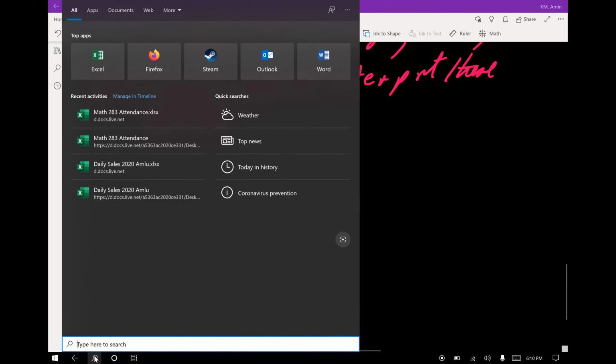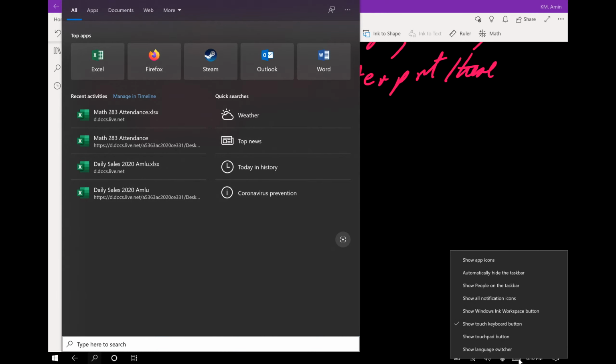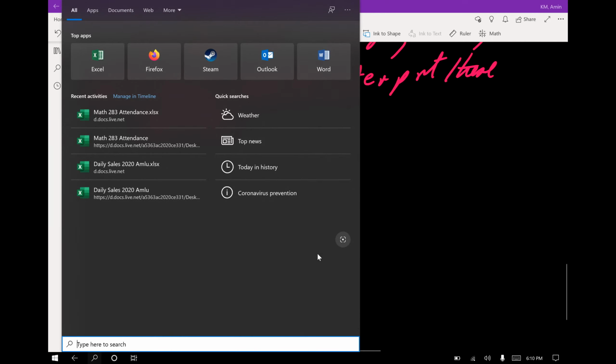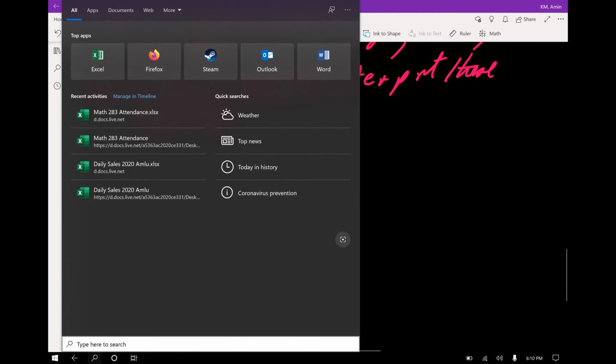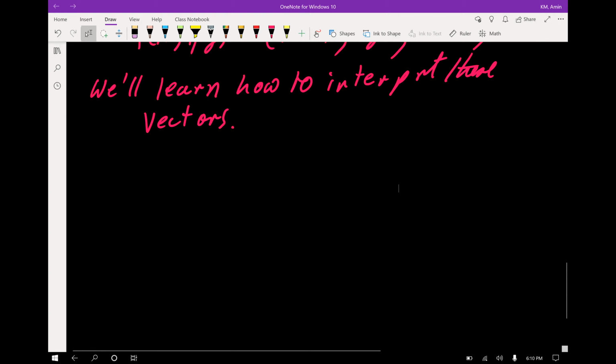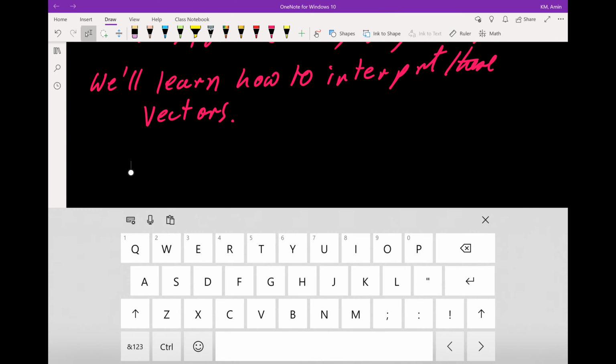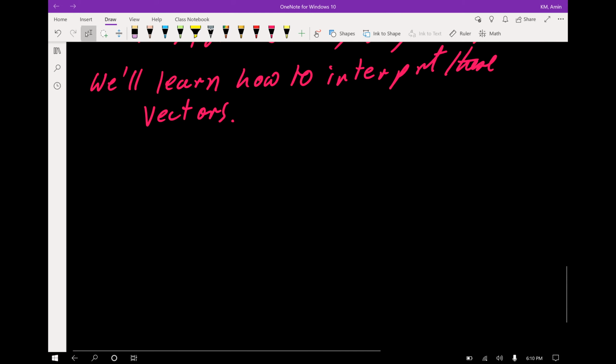Oh, are you talking about this right over here? Show touch keyboard. Hopefully it will turn it off, right? Oh no, it still shows up. Yeah, I can help you with it. Okay, just tell me later, okay? All right.